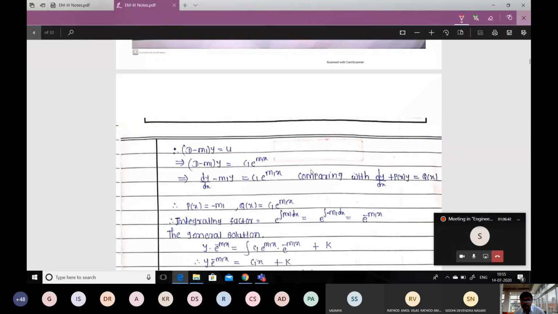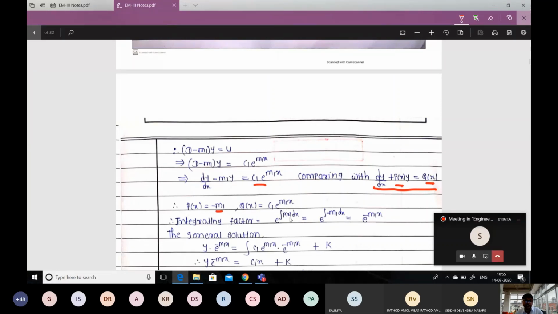Now again compare this with the linear differential equation we have already studied. The value of p of x we get is minus m1, and the right hand side, that is q of x, we get as c1 e to the power m1x. Now what can you say about the integrating factor?